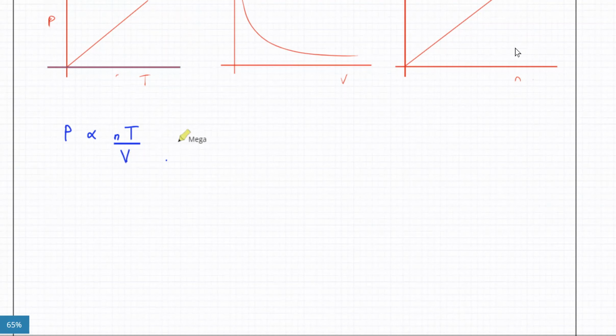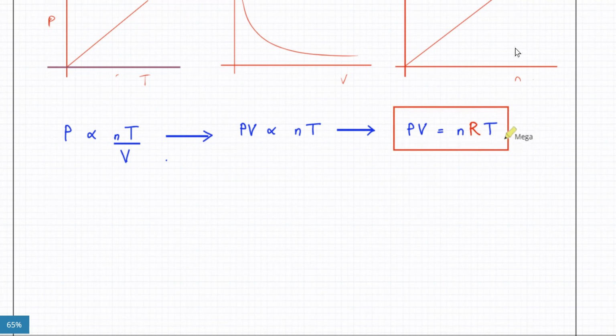And I can rearrange this and write it like this. I can take the V to the other side. So it's going to become PV is proportional to nT. And now to get rid of the proportionality, I need to add a constant, which would be known as the gas constant. So the formula would now become PV is equal to nRT, where R is the gas constant.